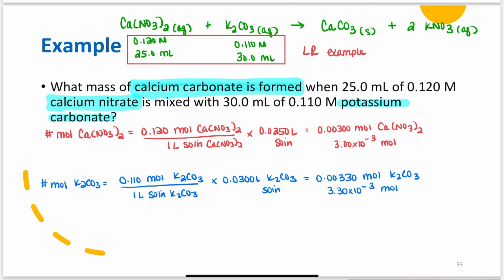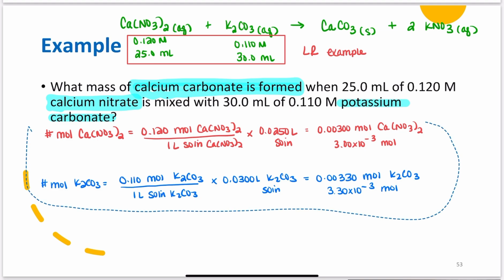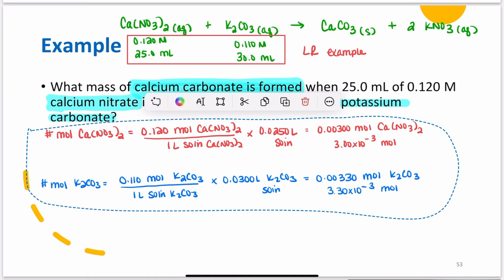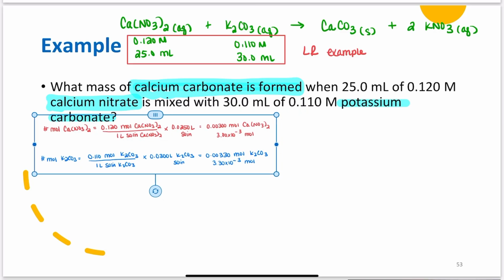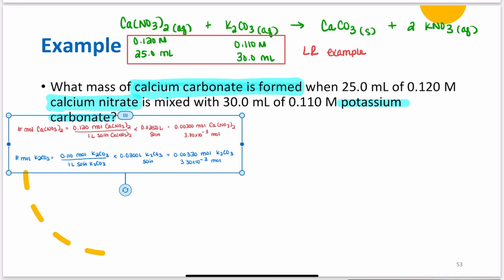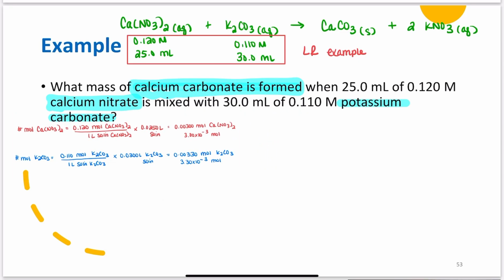Now I have to figure out what my limiting reactant is. I'm going to shrink these down because I'm going to need space. So to do that, I'm going to just pick one randomly, and I'm going to say, okay, how many moles of calcium nitrate do I need to react all of my K2CO3?